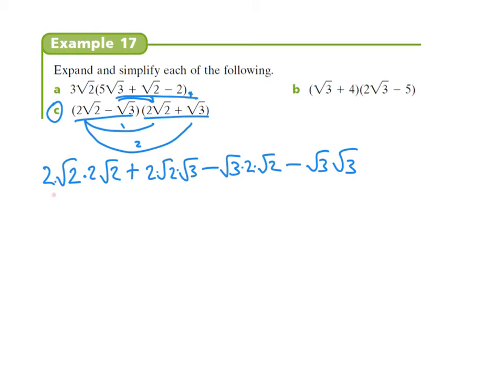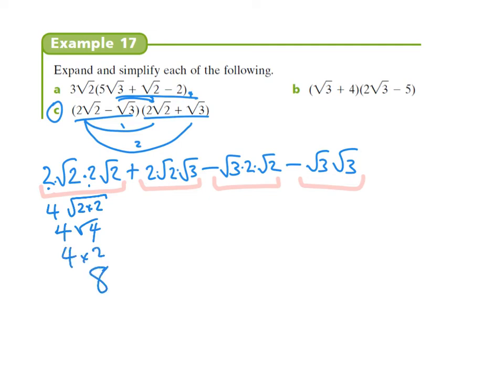So what I'm actually tidying up is 4 terms, and see if we can use our surd rules to get those looking a little bit tidier. So 2 times 2, we've got the number parts here, is 4 by square root 2 times square root 2. So that entire term, square root 2 by square root 2 is square root 4, times 4 is 4 by 2. So that first term becomes 8.